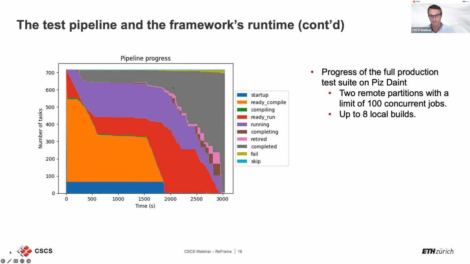And then as things finish, you also see this band going down. And that's the progress of the pipeline. So just to show you, if you have lots of tests, like here we're running the full production test suite, which is about 700 test cases, it essentially fills up the concurrency.